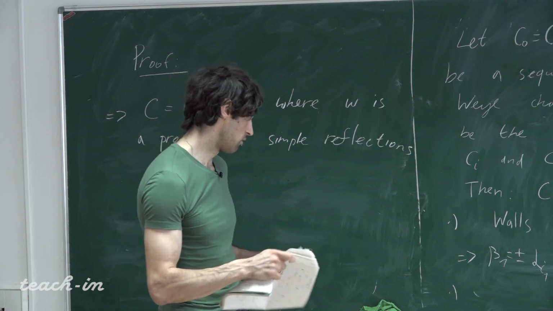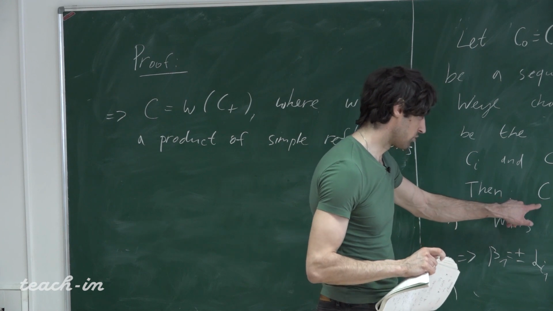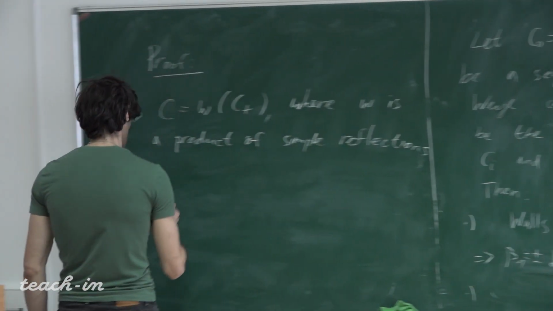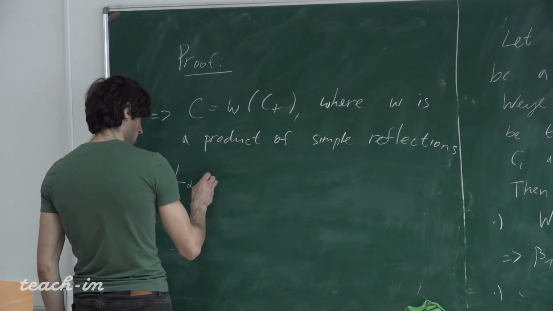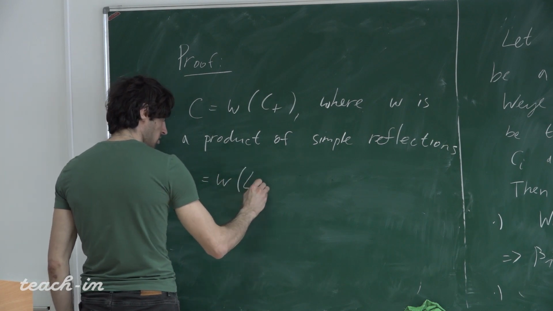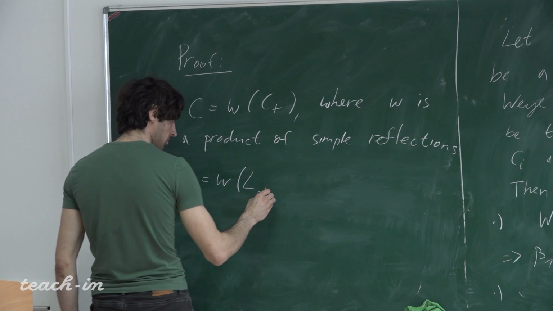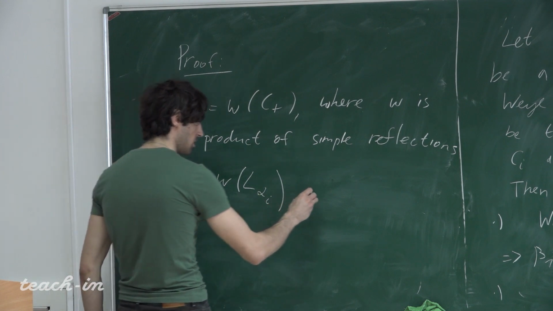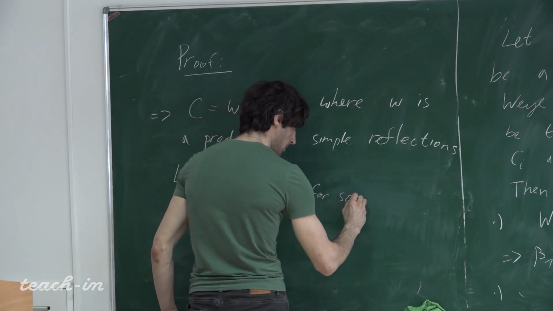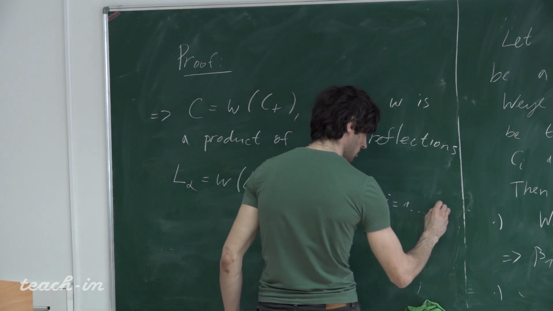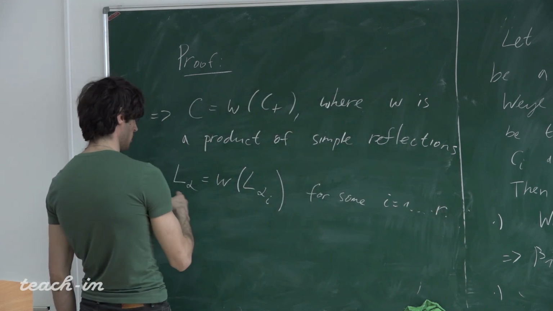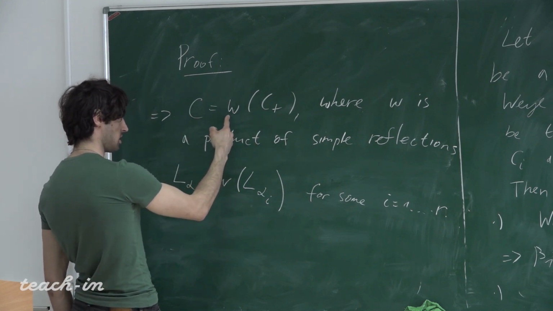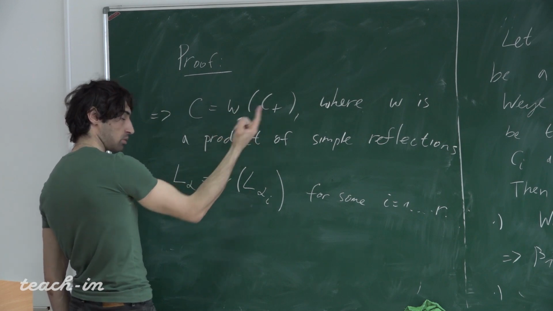And alpha was a wall of C, right? So therefore, we have that L alpha is W of L alpha I for some I from 1 to R, right? Because this is a wall of C, this is a wall of C plus. So therefore, each wall of C is a W applied to some wall of C plus.